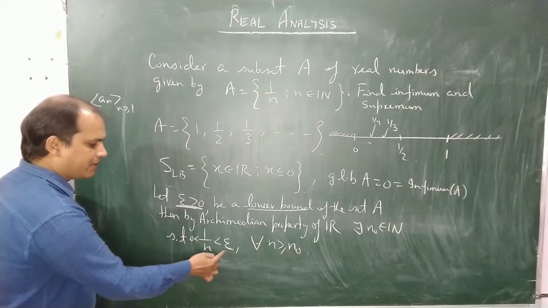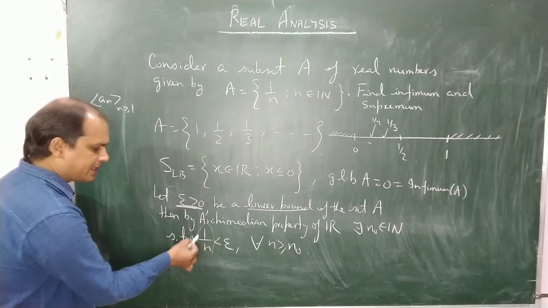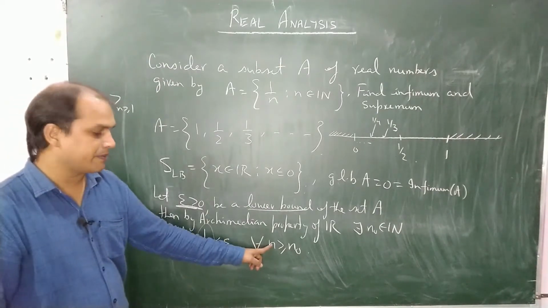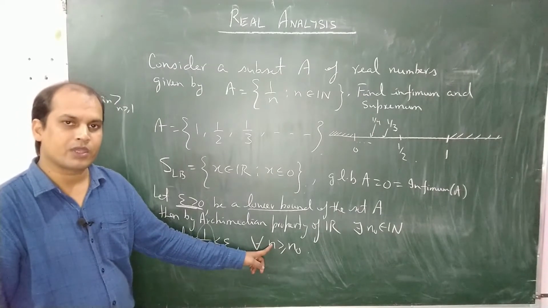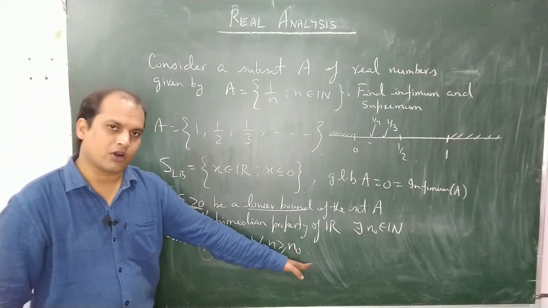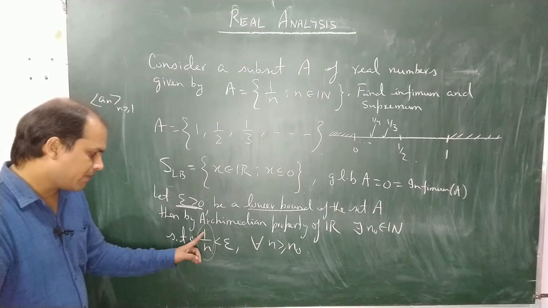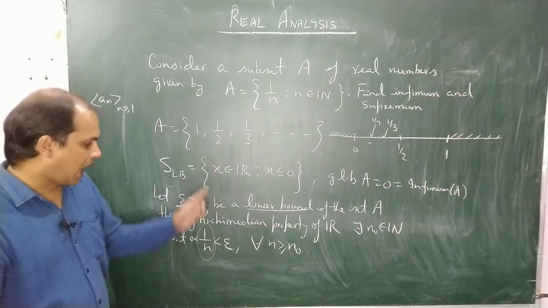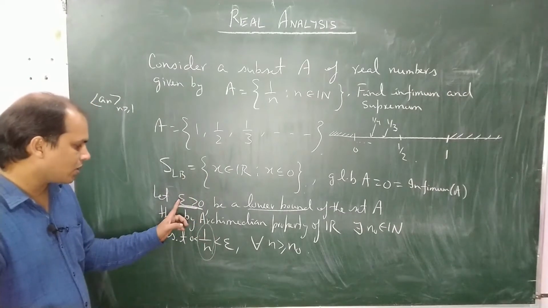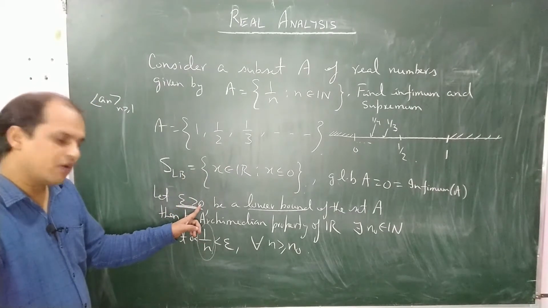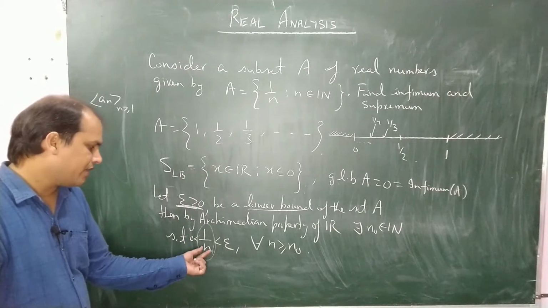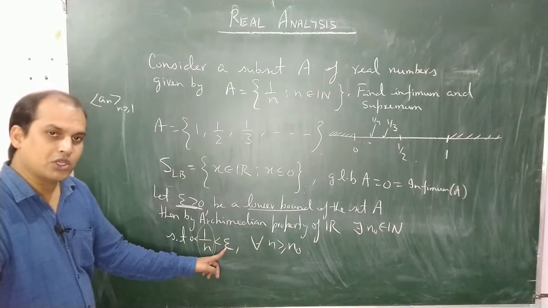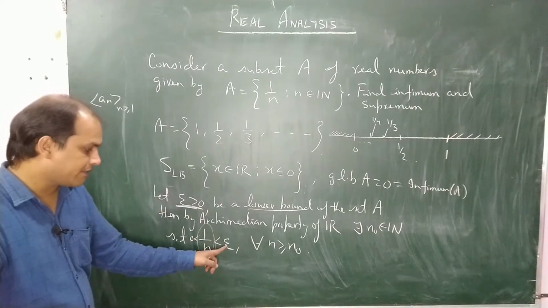In between 0 and epsilon, one will always get infinitely many members, because except for some finite n naught, the 1 by n type members are members of this set. However small you choose epsilon, but strictly greater than 0, one can always have elements of the type 1 by n lying between 0 and epsilon. So this shows that epsilon can never be its lower bound.